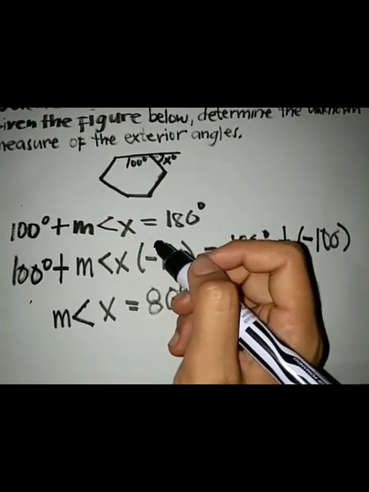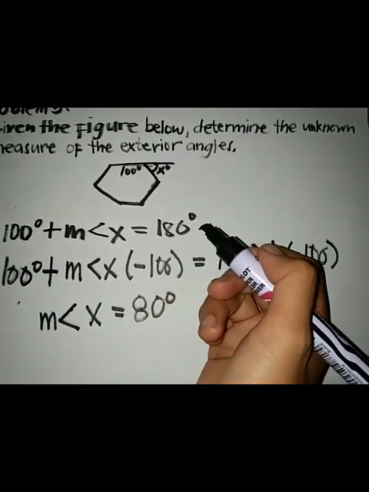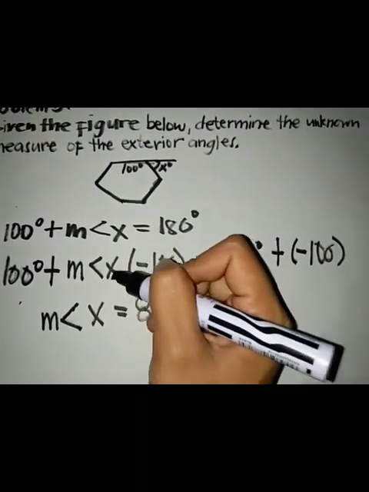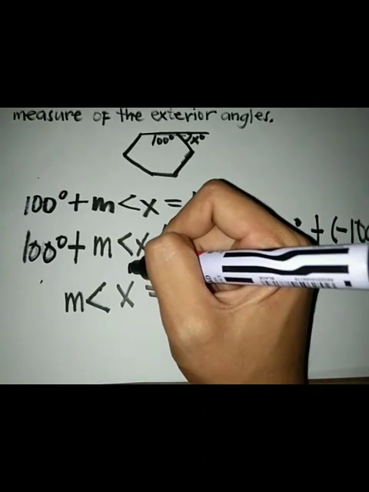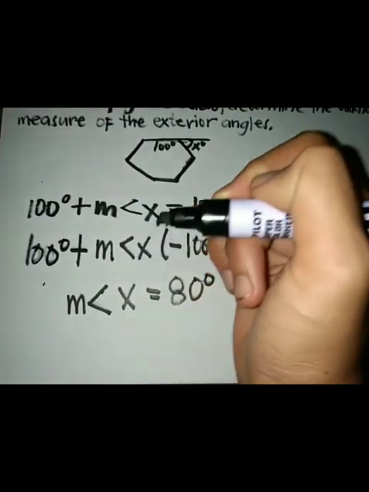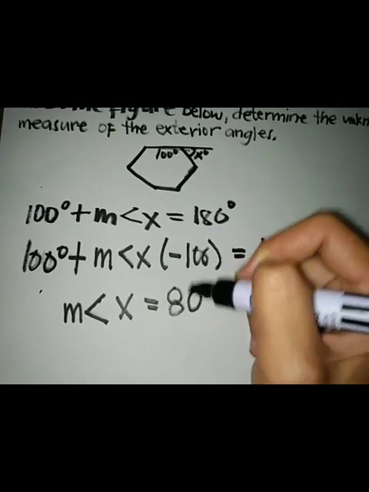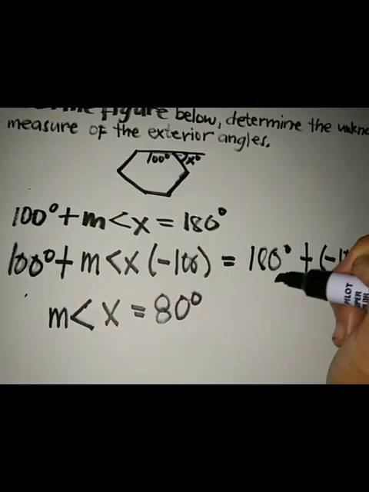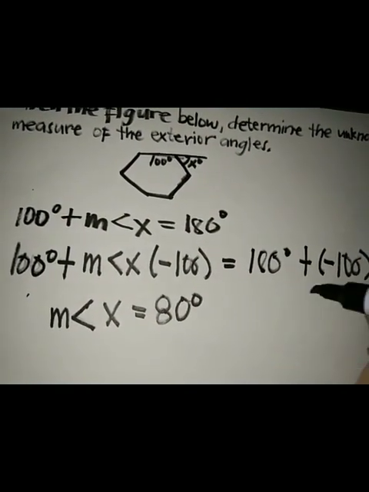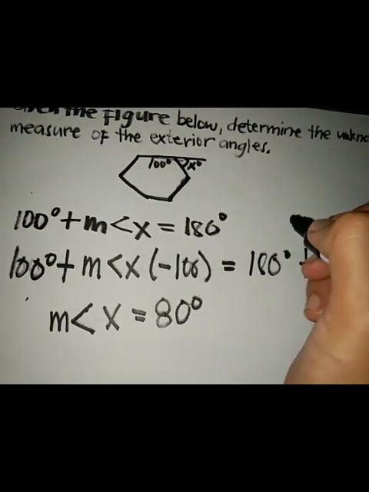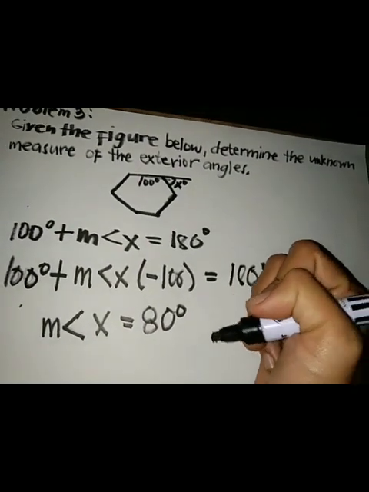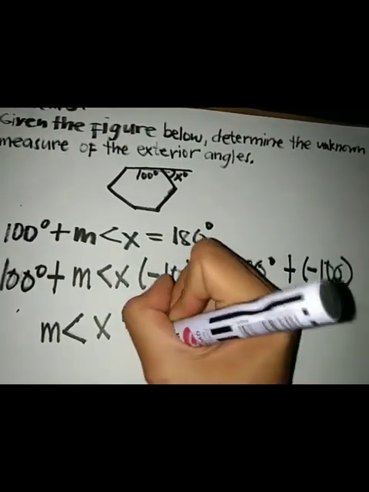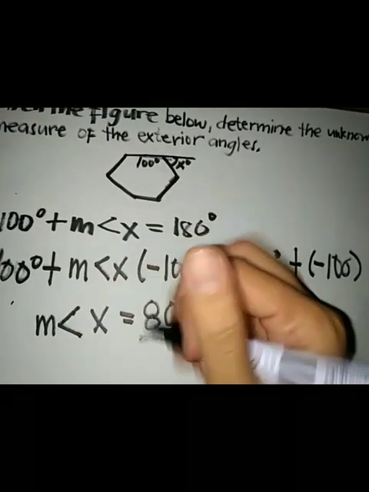So m angle x, what is left, is 180 plus negative 100. So equals 80 degrees. So the measure of the exterior angle is 80 degrees.